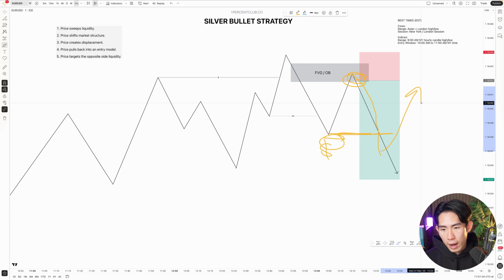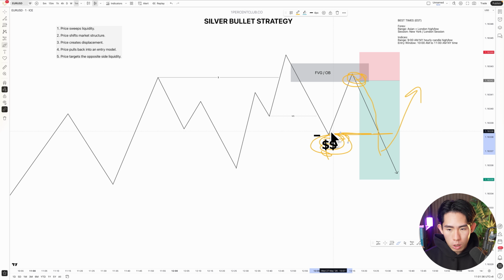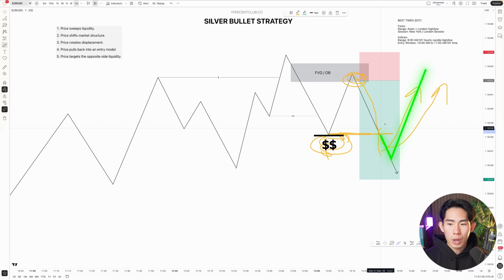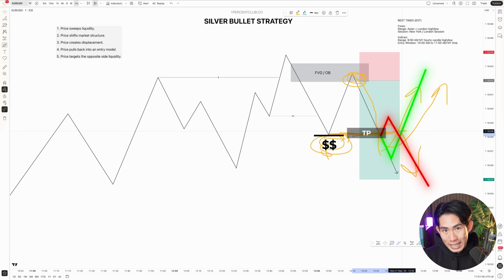But because there is liquidity below this low right here, we do not know whether price is going to reverse at this area or continue going down. That is why we place our take profit right there, because that's the area where price is most likely going to reverse after sweeping that liquidity. So ideally, you want to target the opposite side liquidity.